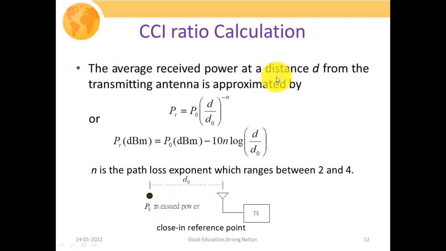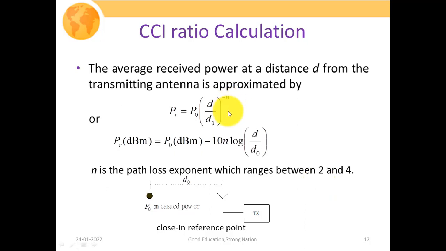The average received power at a distance d from the transmitting antenna is approximated by Pr equal to P0 times (d over d0) to the power minus n, where n is the path loss exponent, which may range between 2 and 4 depending upon the scenario or atmospheric conditions.